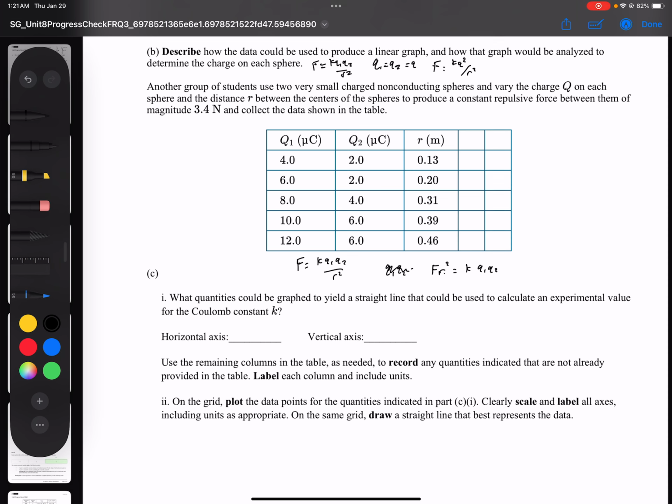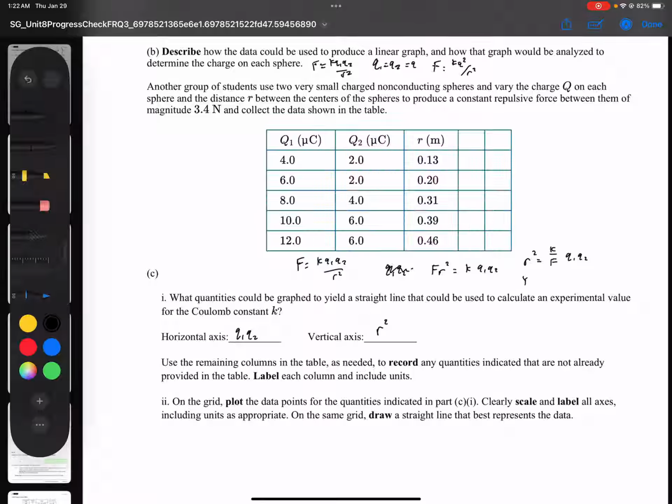So I can rewrite this as R squared is equal to K over F, and keep in mind that F is the constant in this experiment, times Q1 times Q2. So my dependent is the R squared, and my independent is the product of the charges.